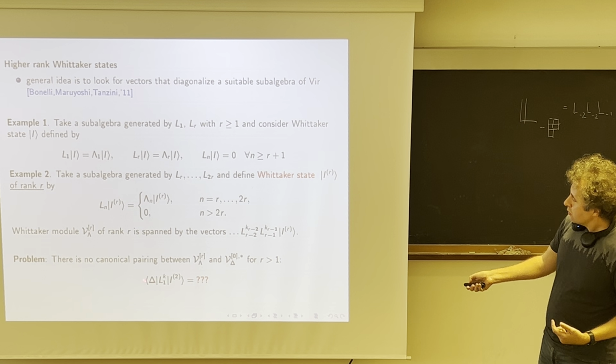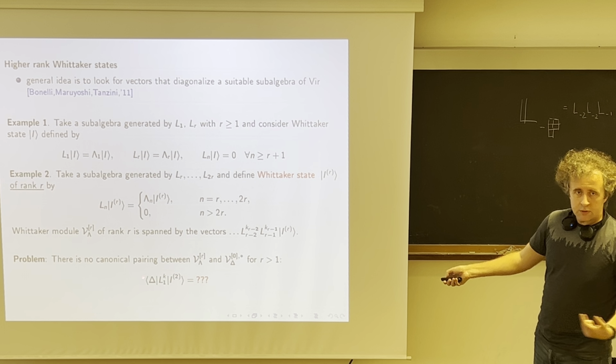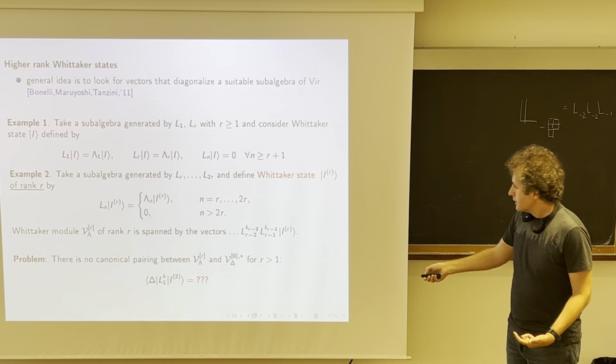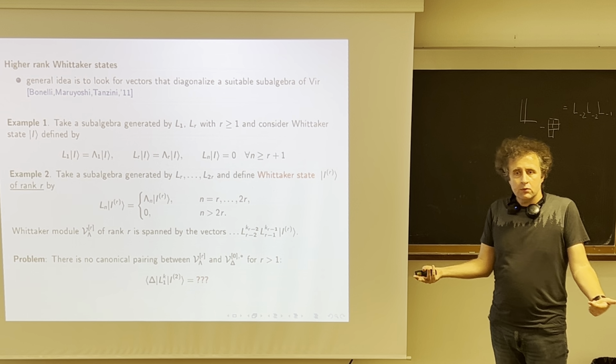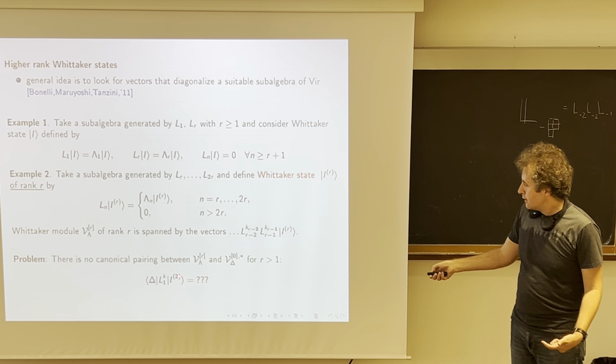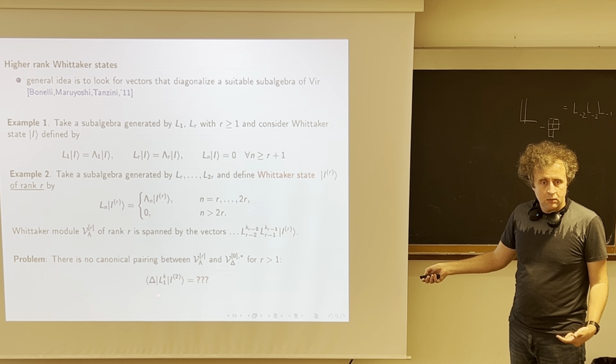And on the other hand, you don't know how this L1 acts on the dual highest weight. So all of these scalar products, there is no canonical way to compute them, in contrast to the case where you have rank 1.